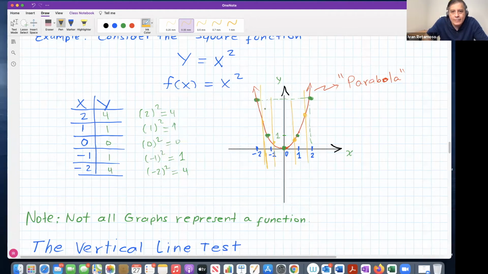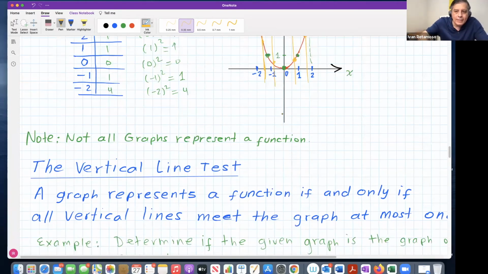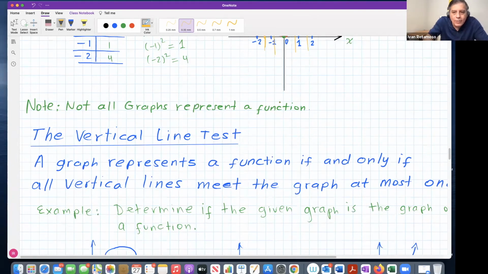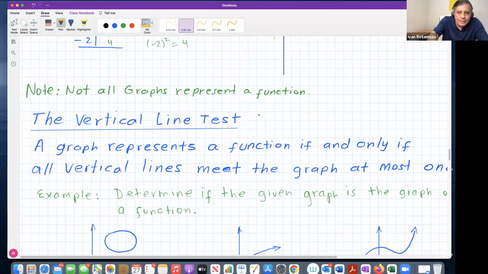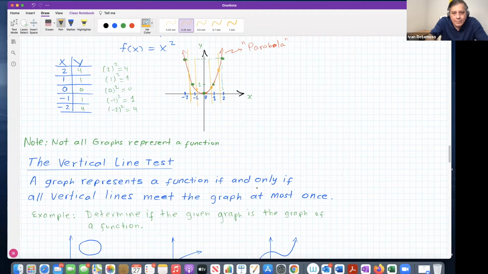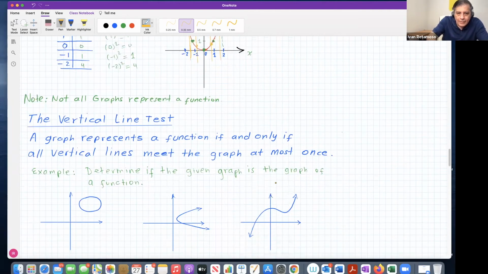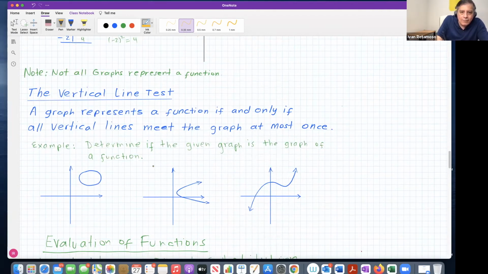This gave birth to what is called the vertical line test, which says that in order to determine if a given graph represents the graph of a function, you can draw vertical lines, and if all vertical lines meet the graph at most at one point, then you got yourself the graph of a function. Vertical line test: the graph represents a function if and only if all vertical lines meet the graph at most once.